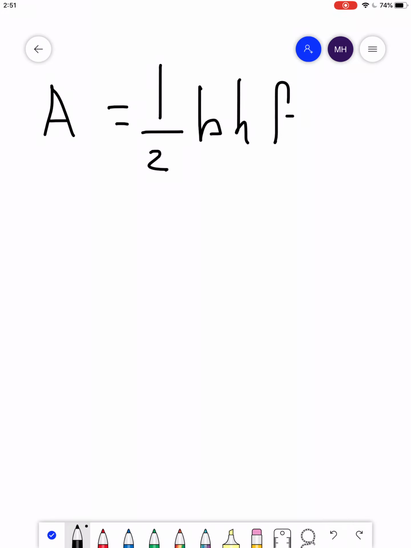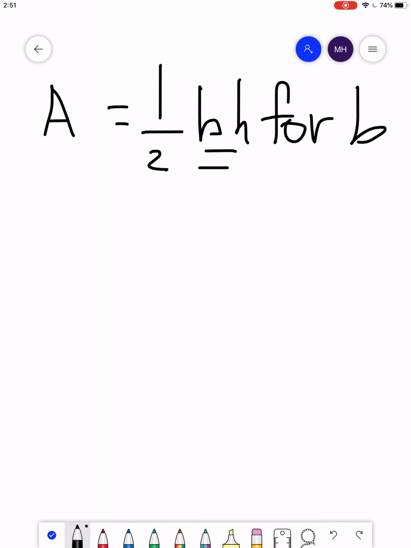Here, let's see another example. A equals half b h. I want to solve it for b, so I want b alone.